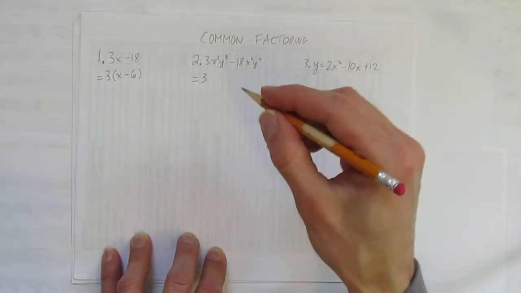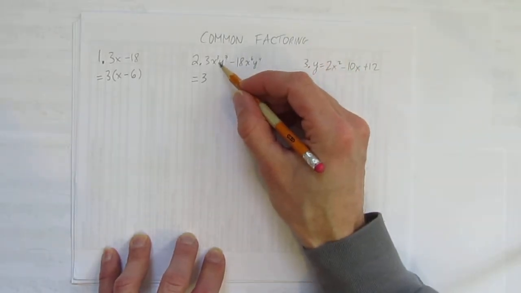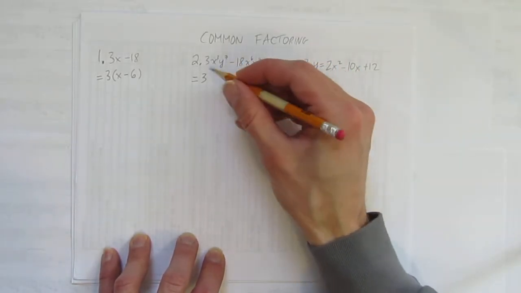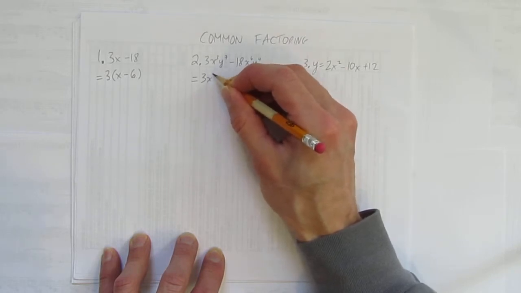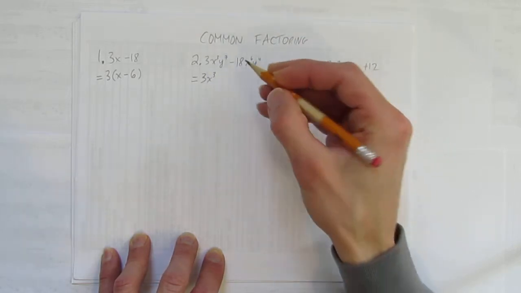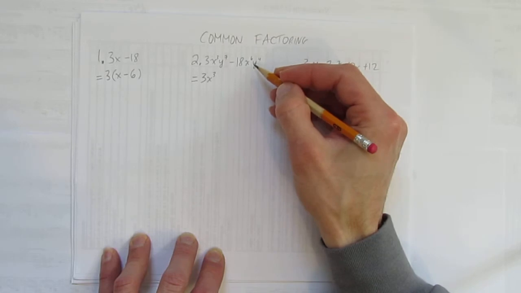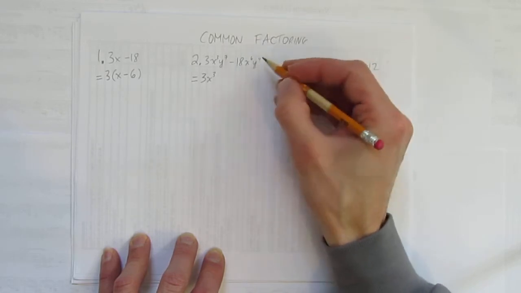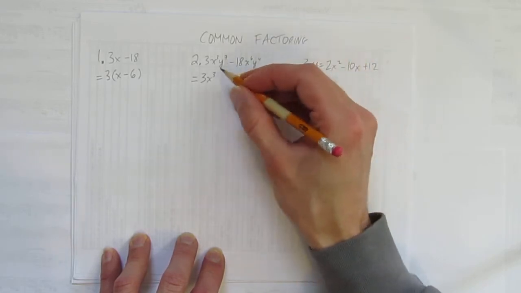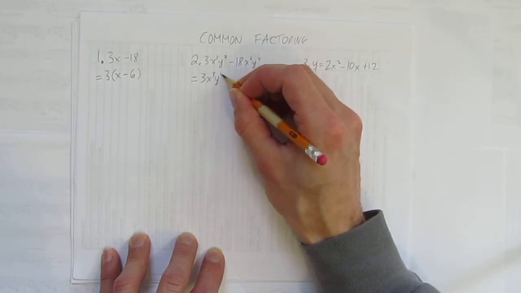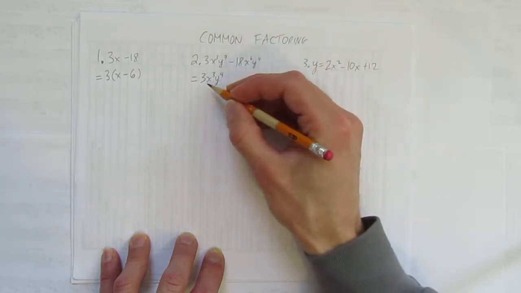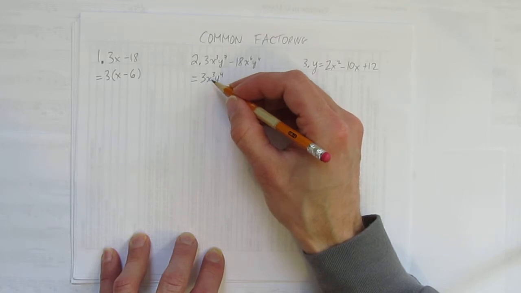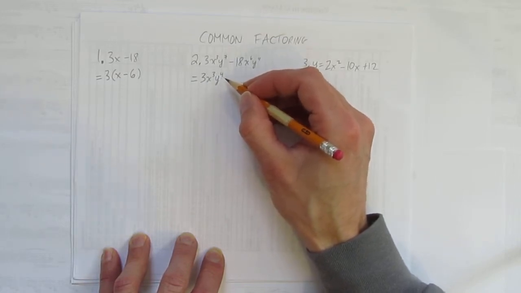So let's look here. This has 3 x's and this has 6 x's. They can both afford to give up 3 total x's. That is, they have a common factor of x cubed. And this has 7 y's and this has 4 y's, so they have a common factor of y to the power 4. That's going to be our greatest common factor, 3x cubed y to the power 4.